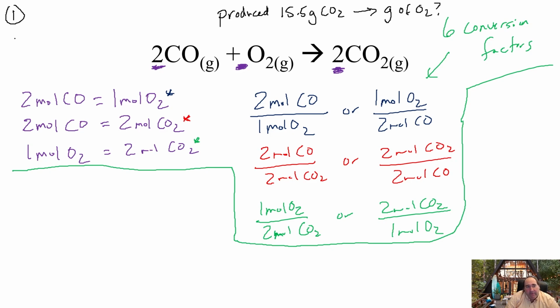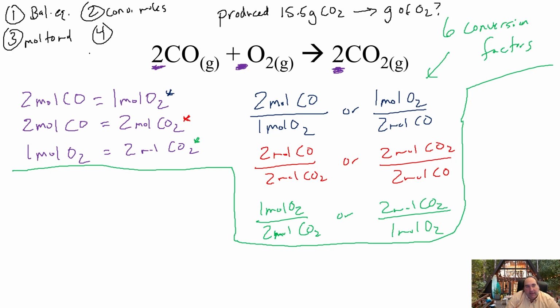Remember that core basic step for stoichiometry: we want a balanced equation. We want to convert to moles. Step 3 is our mole to mole relationship.